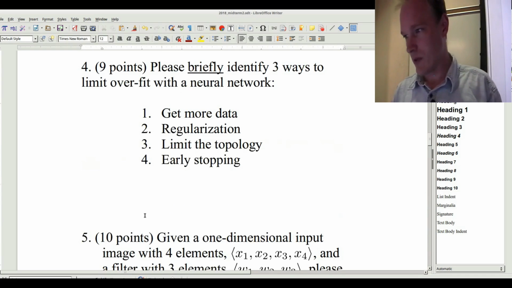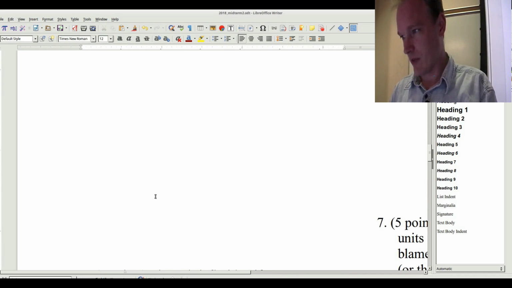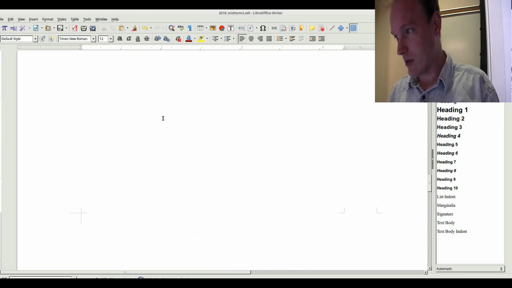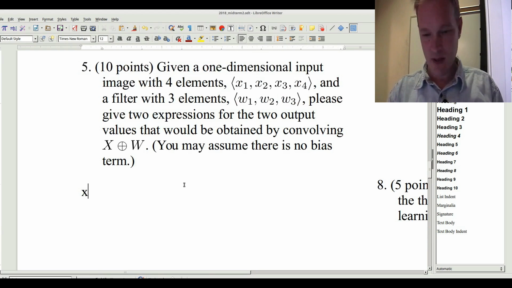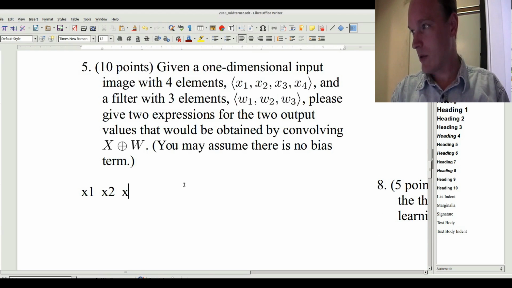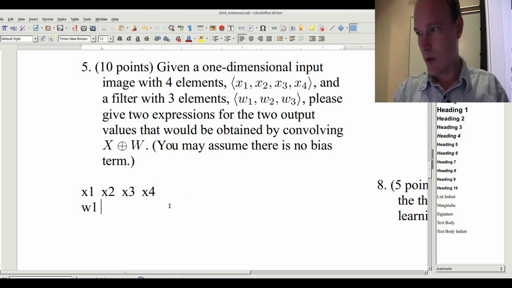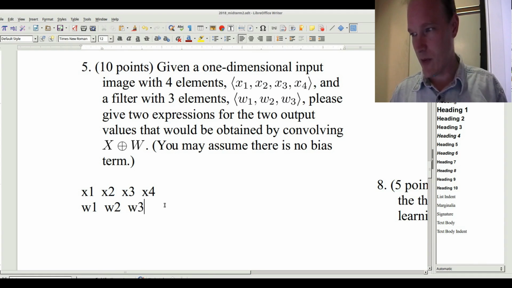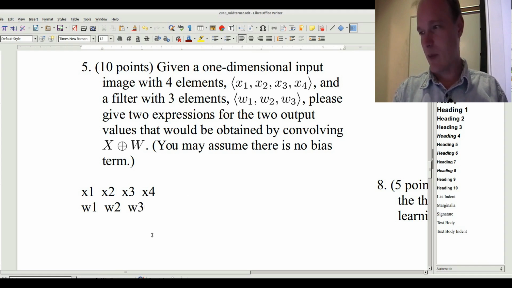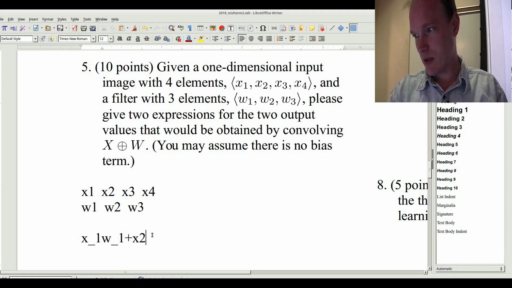So here's what I'm giving myself some more space to work with here. Okay, we have x1, x2, x3, and x4, right? And we're going to convolve that with w1, w2, and w3. Well, that's going to basically lead to x1 w1 plus x2 w2 plus x3 w3.